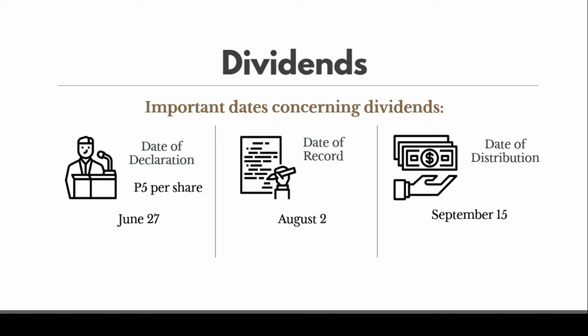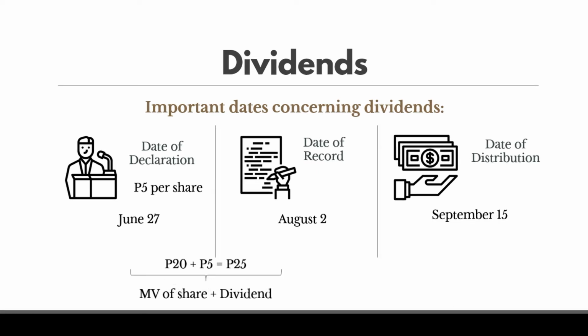Now, from June 27 to August 2, the shares would sell dividends on, di ba? Or with the amount of dividends. So, if the shares have market value of 20 per share and nag-declare ng dividends na 5 pesos per share, then it would sell at 25 pesos per share from June 27 to August 2. Kasi from this date hanggang August 2, kung sino man yung may hawak ng share, siya yung makaka-receive ng dividend.